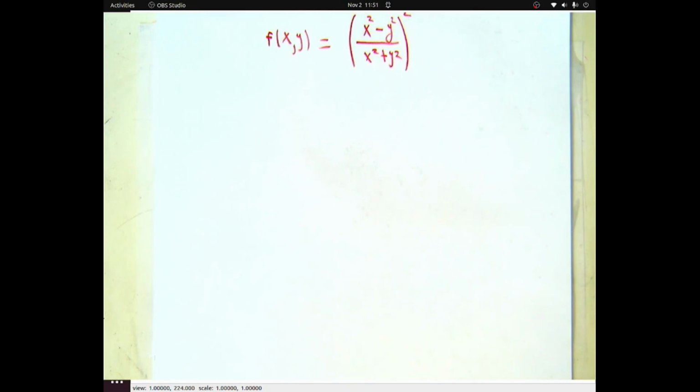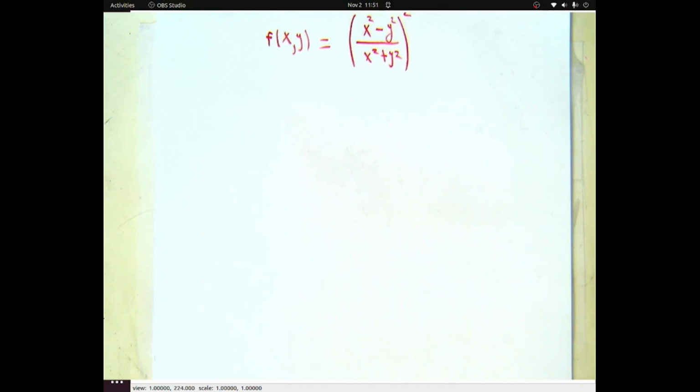The only conceivable problem you could get into would be if x squared plus y squared were 0. That only happens when x is 0 and y is 0. So this function acts perfectly nice every place except at the origin, where we don't know what happens.